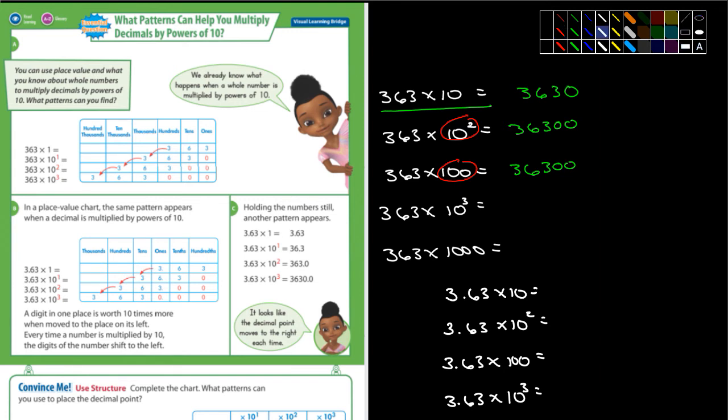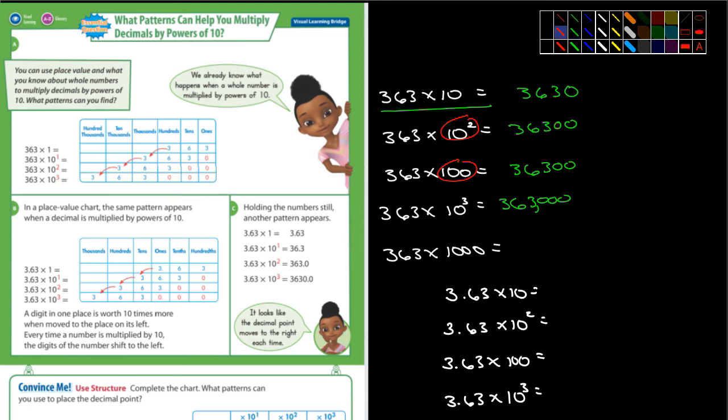You can lead a horse to water, but you can't make him drink. Next example, 363 times 10 to the third power. That's 363. Add how many zeros? 3 zeros. Okay, and then you can put a comma for every third spot. All right, 363 times 1,000.